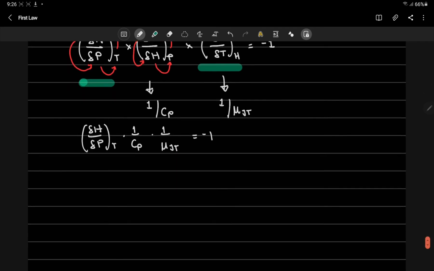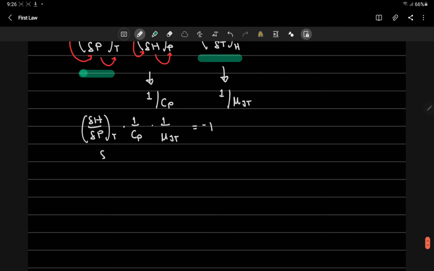So, if we will solve for the partial of h with respect to p at constant t, which is yan yung hinahanap natin, just simplifying this equation, this will be equal to negative Cp times the Joule-Thomson coefficient. Okay?